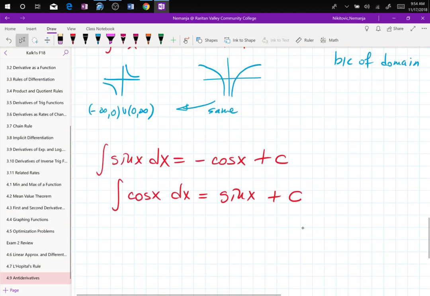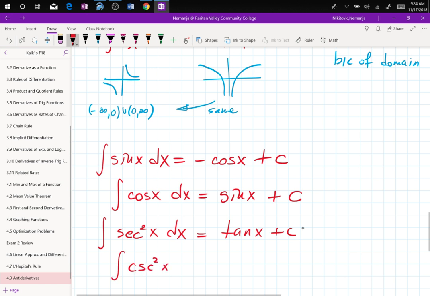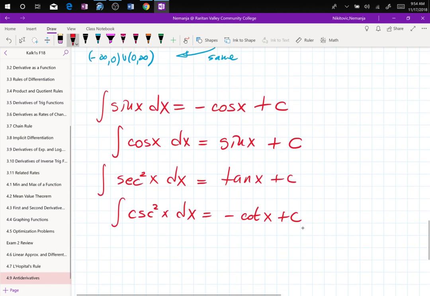Now, do we have the integral of tangent? We don't have it actually as a basic integral. We are supposed to undo the derivative ones. So what are the answers for all the derivatives for trig? Well, one of them was secant squared x dx. So this is a basic integral that produces tangent x on the other side. Integral of cosecant squared x dx produces negative cotangent x plus c.